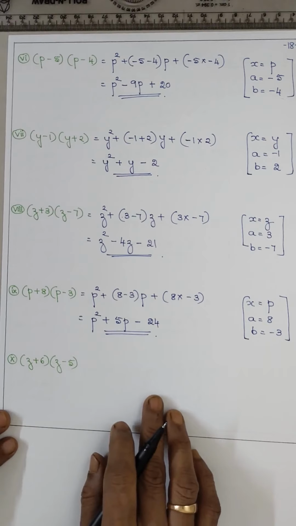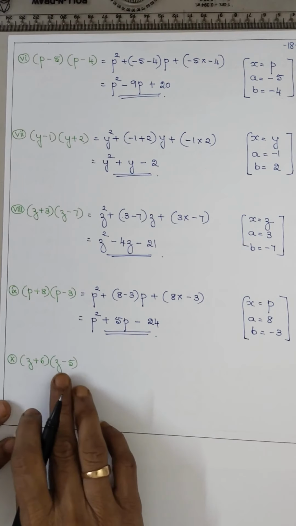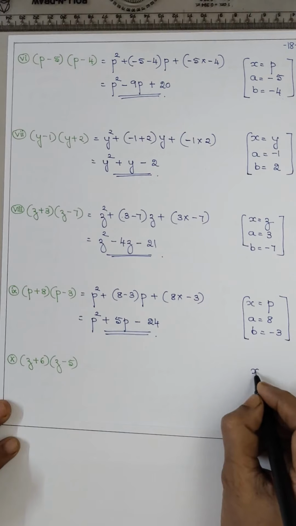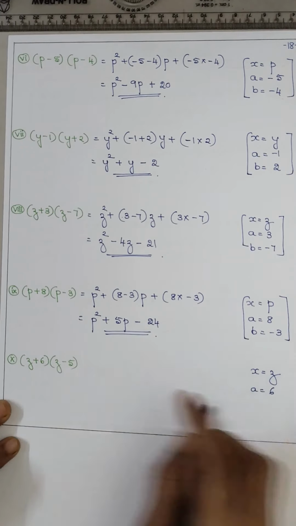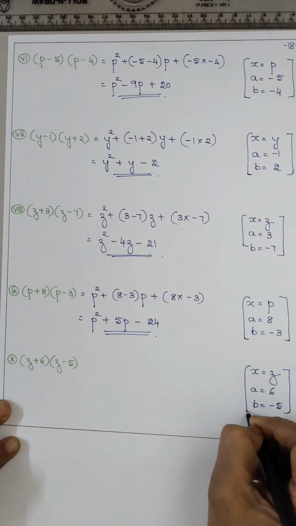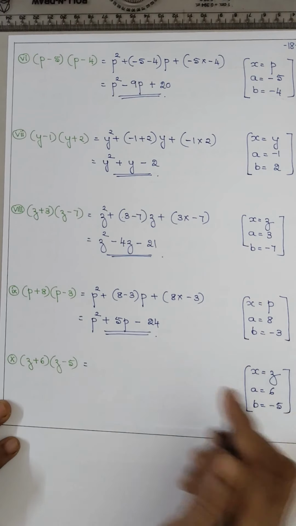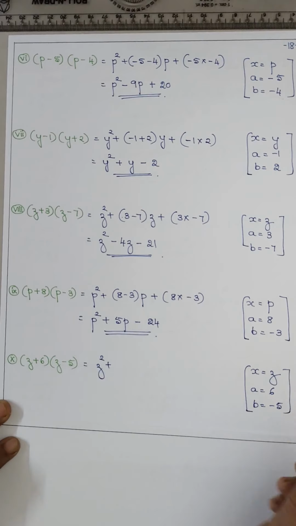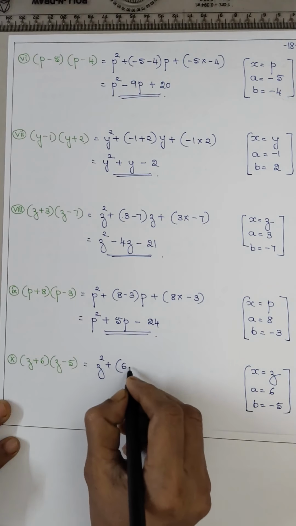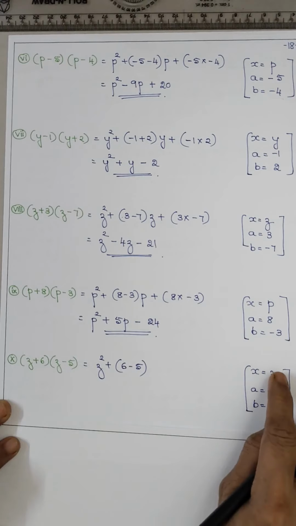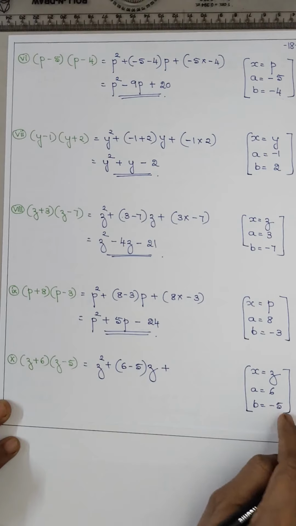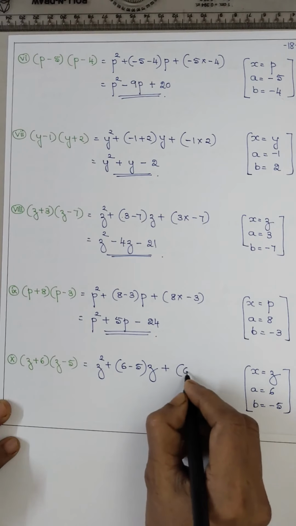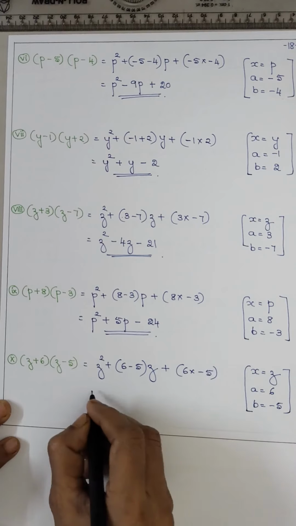Now coming to the 10th sum, z plus 6, z minus 5. X is equal to z, a is equal to 6, b is equal to minus 5. X squared, that is z squared, a plus b, 6 minus 5, into x, that is z, plus a into b, that is 6 into minus 5.